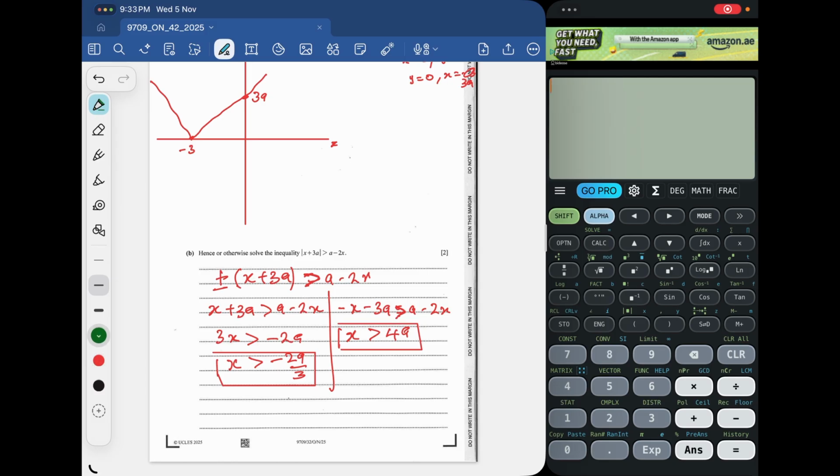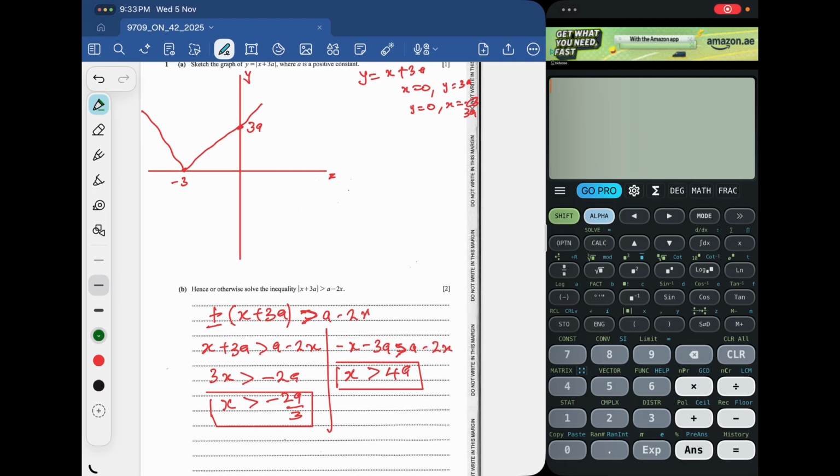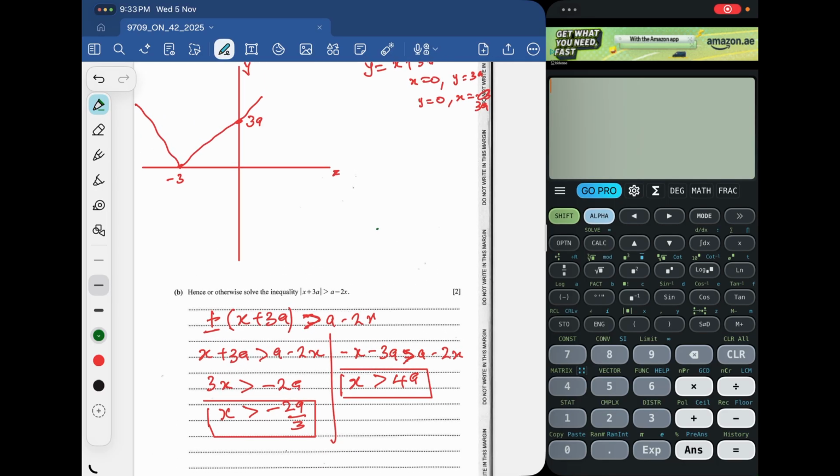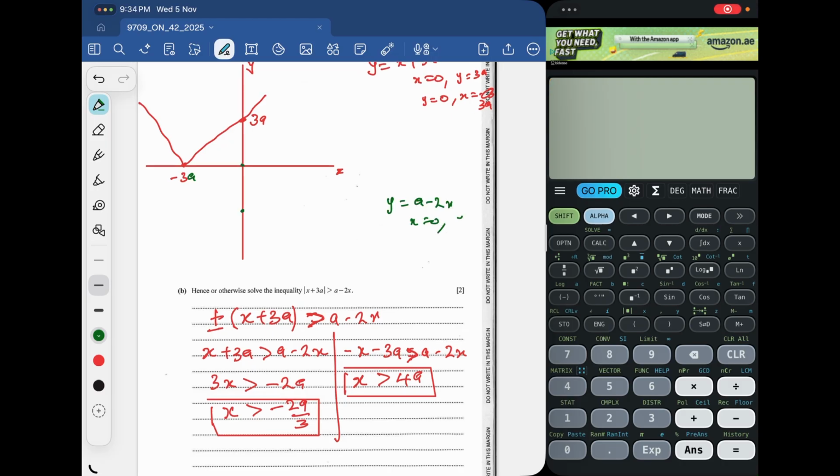The best way to know, you can easily sketch a minus 2x. So let's say we want to sketch this. When x is 0, y is a. When y is 0, then you have 2x equals a, so x will be a by 2.